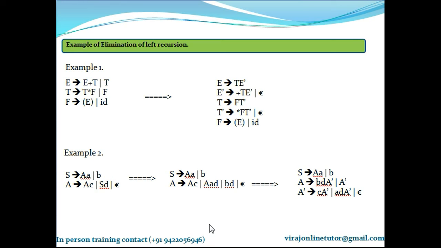In indirect left recursion, you have to substitute the leftmost non-terminal on the right hand side of the production if it is defined above your production. And once that exercise gets complete, then you can eliminate direct left recursion using the formula that I have given to you.